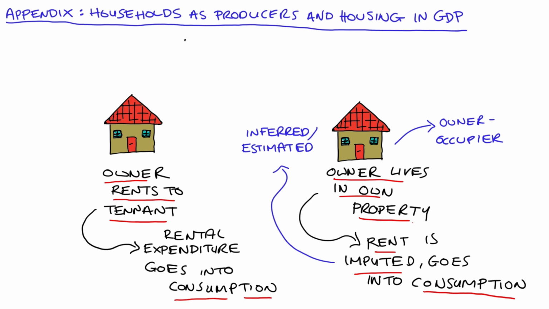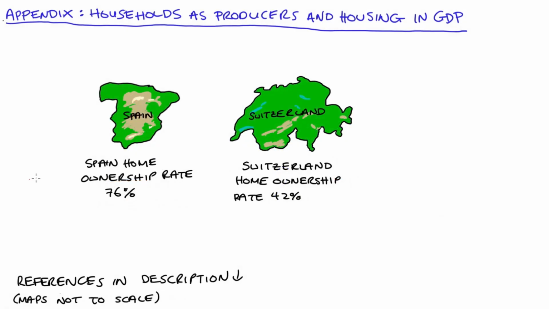Now, to see how important it is to be consistent in this, recall that one goal of the SNA was to deliver a set of accounting rules that make possible the comparison of different countries. Let's take two countries, let's say Spain, which has a home ownership rate of about 76%, and compare Spain with Switzerland, which has a home ownership rate of 42%.